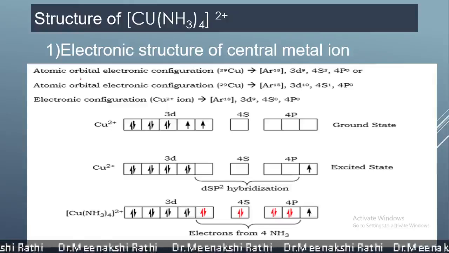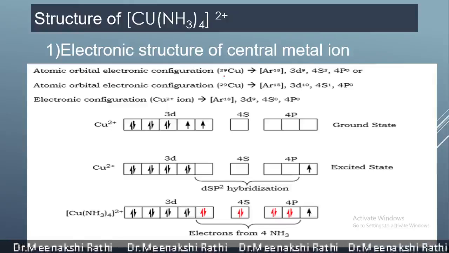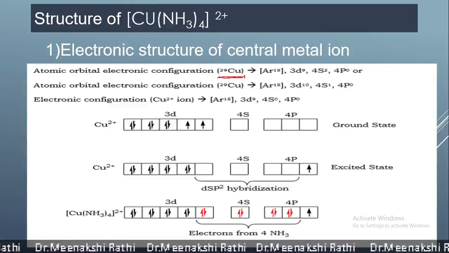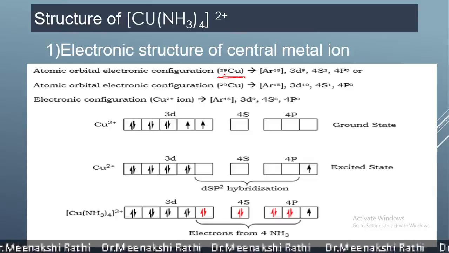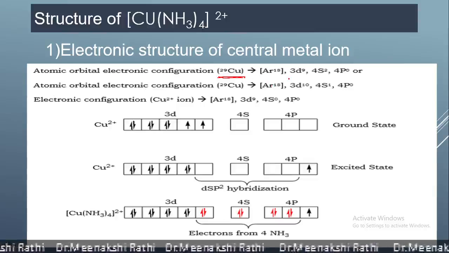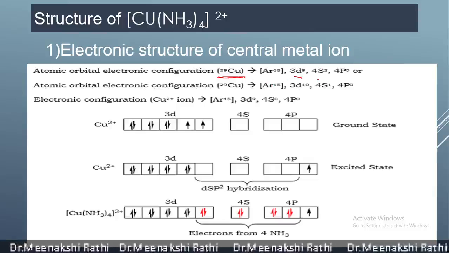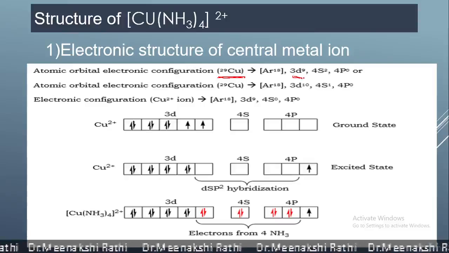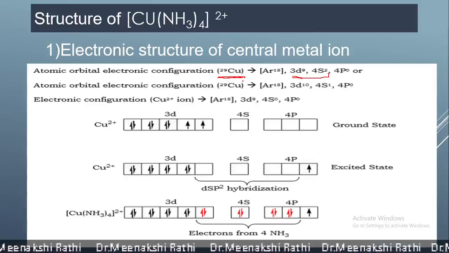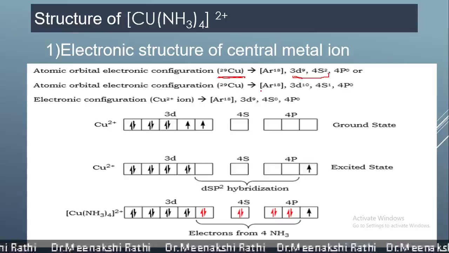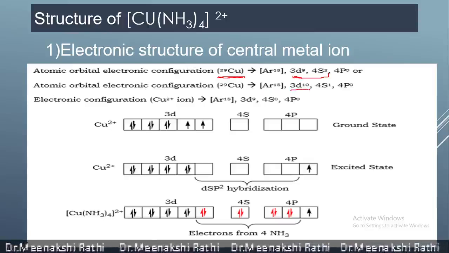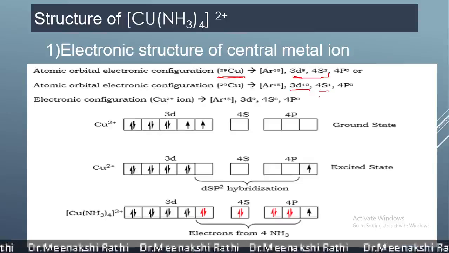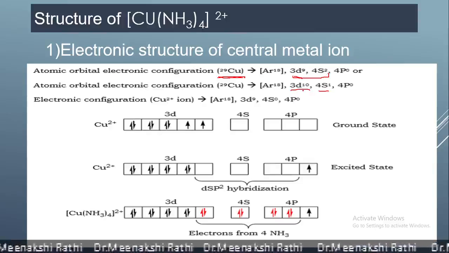Now, the atomic orbital electronic configuration of copper, the central metal, which has atomic number 29, is argon 18, 3d9, 4s2, 4p0. Or this 3d9, 4s2 we can also write as argon 18, 3d10, 4s1. One electron from the s orbital is shifted to 3d10. Why?